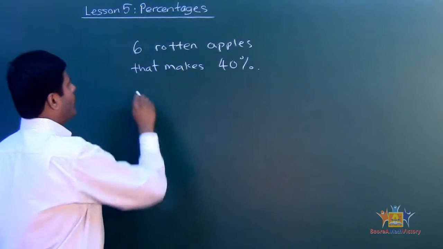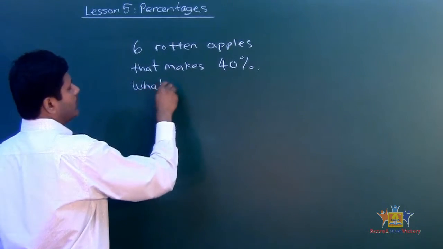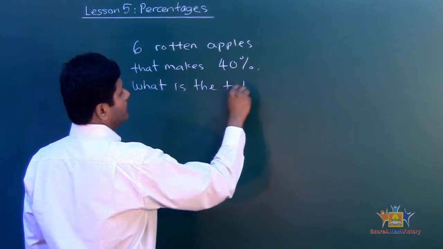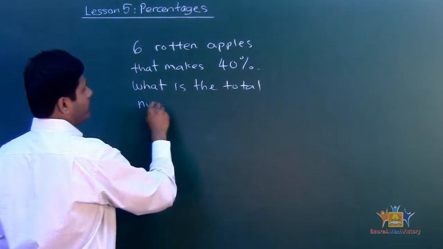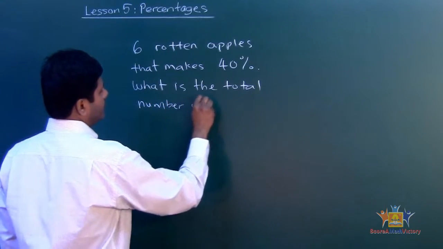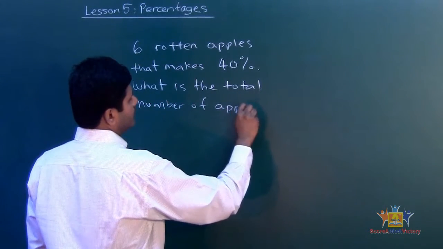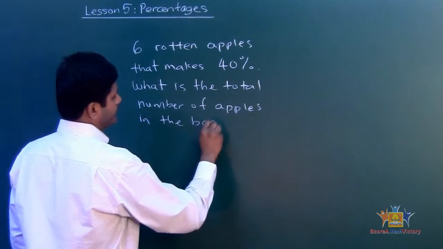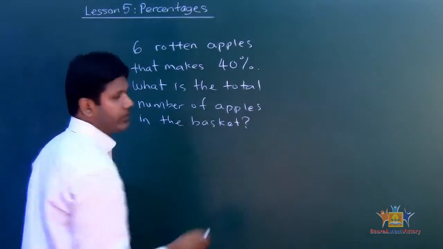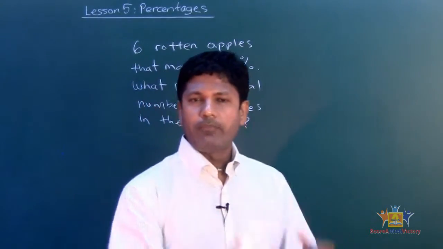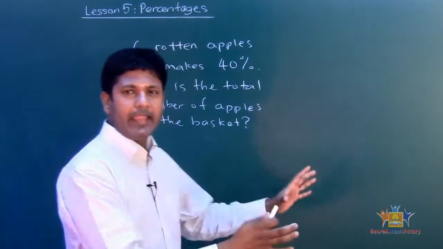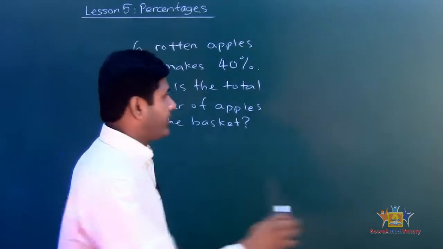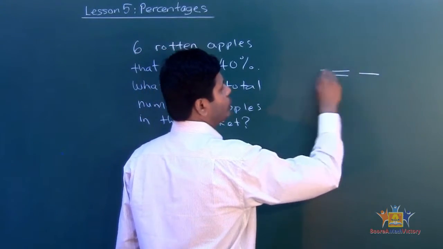I want to find out what is the total number of apples in the basket. So I'm looking for the total number of apples in the basket. Again, we use the same principle, which is the aeroplane method. We put the equal sign with the 2 wings.